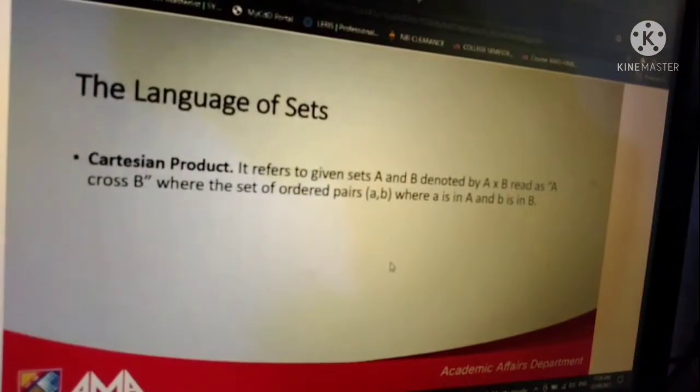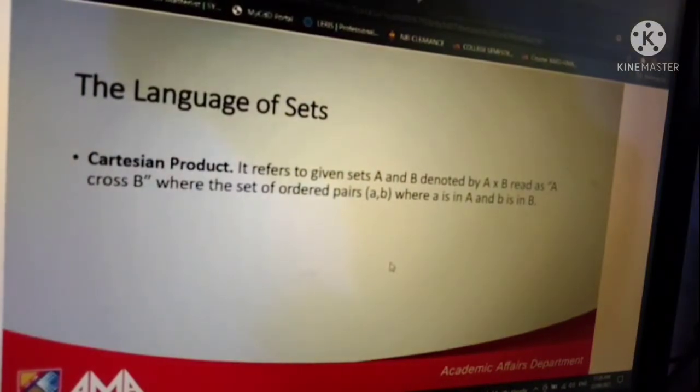Yung A represent the x-axis, and then the B represent the y-axis of the Cartesian coordinate plane. Yung A, yun yung horizontal line in our Cartesian coordinate plane.